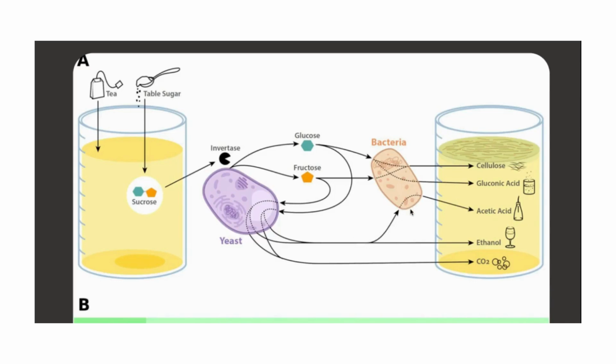So the bacteria, as I said, Bacillus coagulans, metabolizes that ethanol into acetic acids, but it also uses the glucose and fructose to continue to grow and create this protective shell as well as create some other acids.